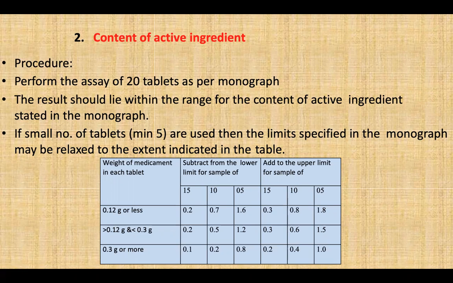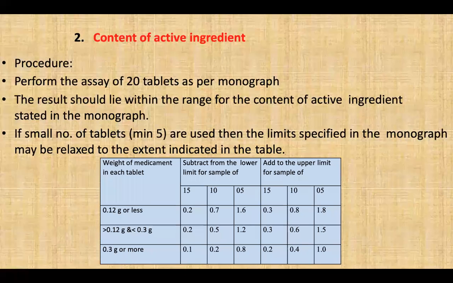Here is the table you can see. If the weight of medicament in each tablet is 0.12 gram or less, or up to 0.3 gram, or 0.3 gram or more, you have to calculate the value according to this table.